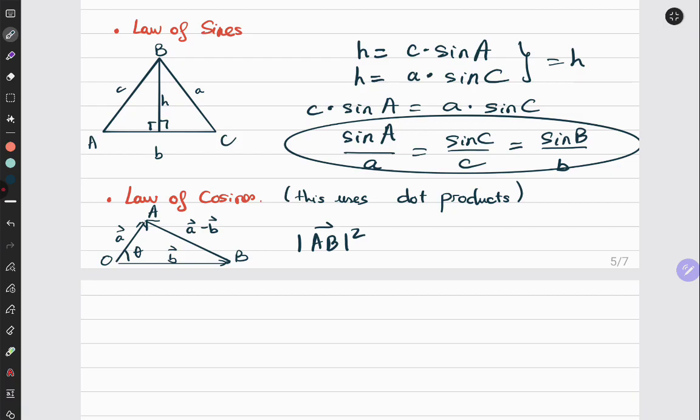Anyone recall the cosine? Because this is the law of cosine, the right hand side is going to have something with cosine. Anyone remember this property?